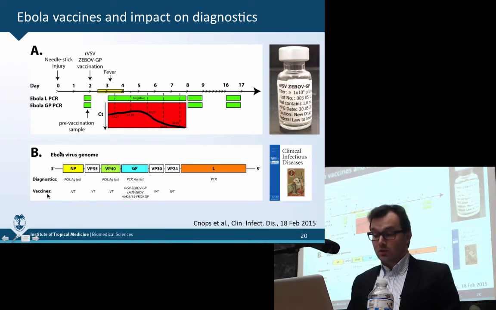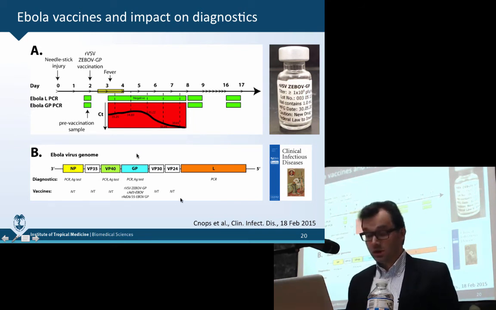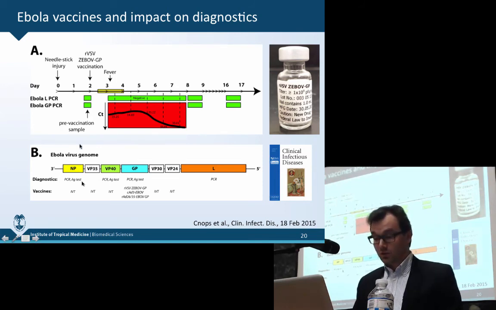And even if you look at other investigational vaccine targets, many other genes like nucleoprotein and VP35, VP40, and so on have been put forward in literature as vaccine targets. And there are also different diagnostic tests that have been described that target these genes.